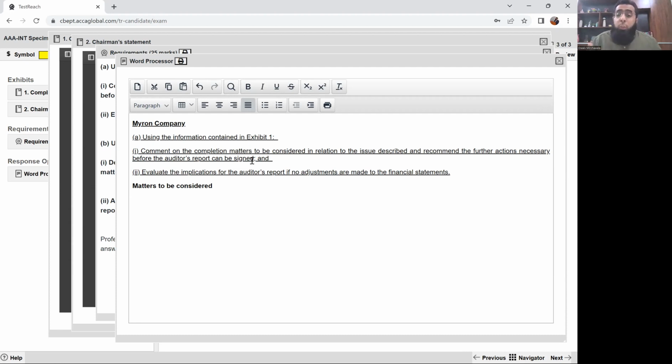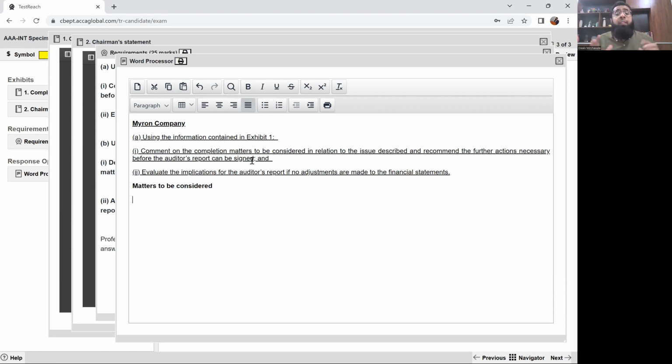Now, matters to be considered, actions to be taken, impact on the auditor report. You all know that in this type of question, we consider 1 mark for each valid comment. So this 1 mark is for auditing. What about the professional skill marks?